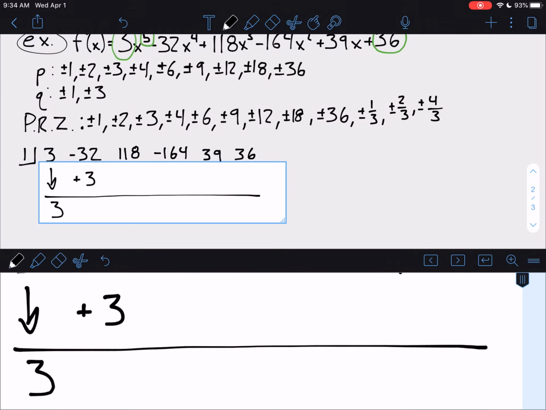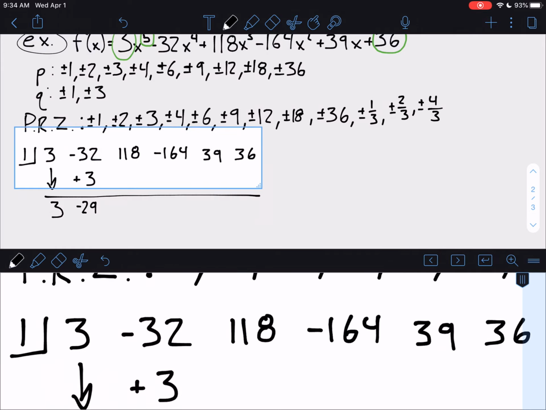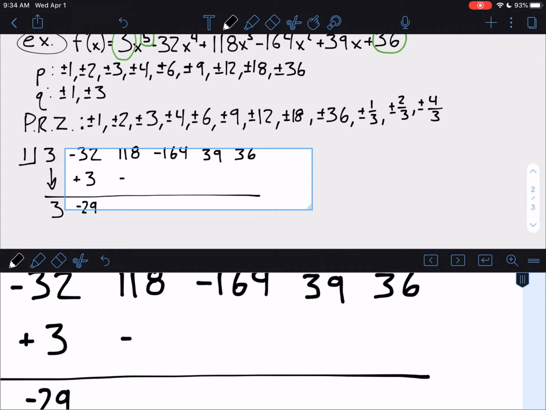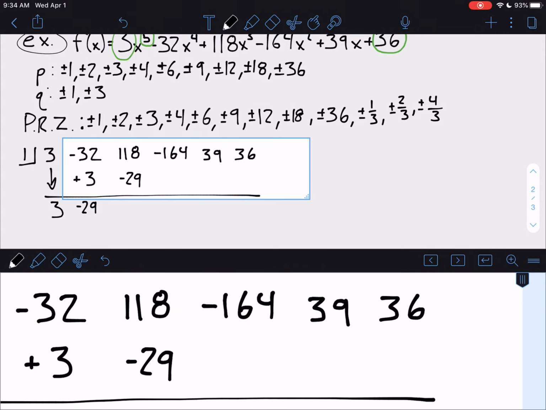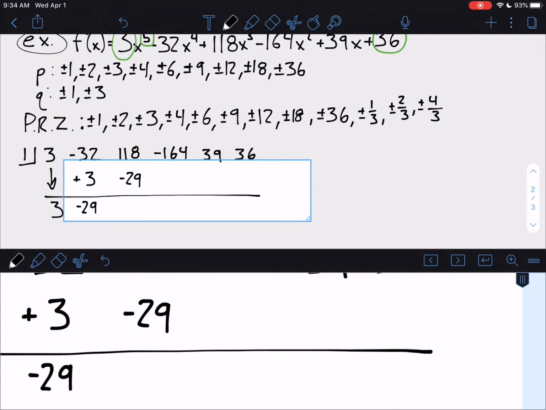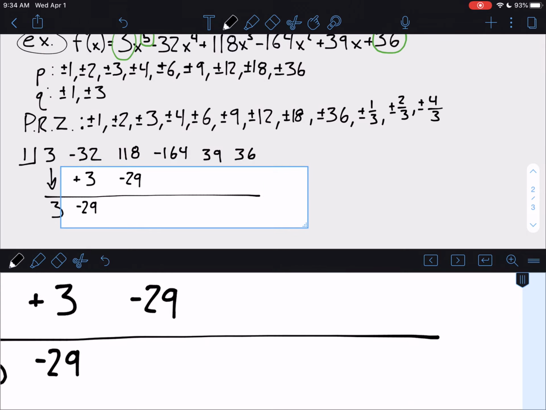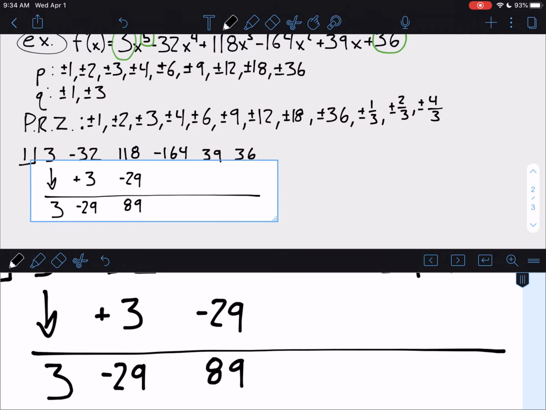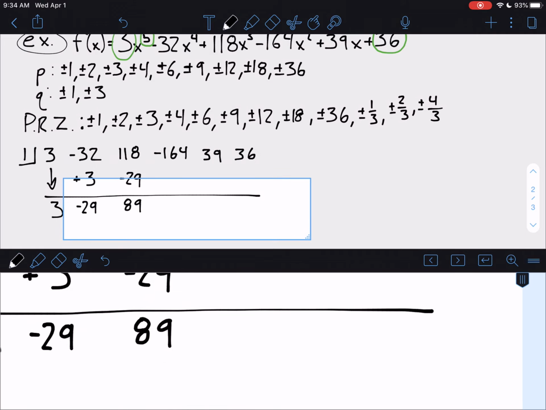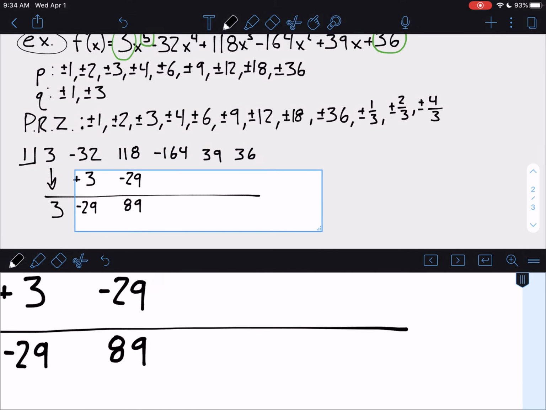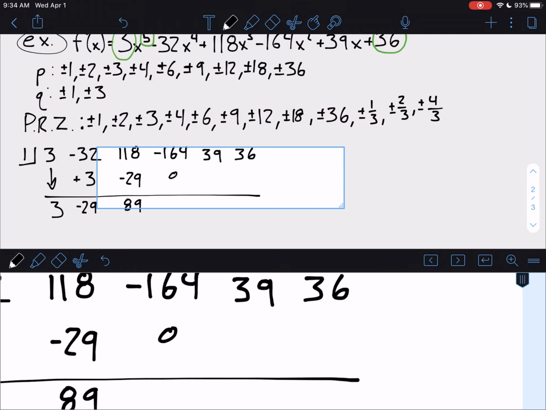And I have negative 32 plus 3 is negative 29. The 1 inside the box times negative 29 is negative 29. 118 minus 29 is, I believe, 89. Yeah, 89. So I have the 1 inside the box times 89, it's going to be positive 89.